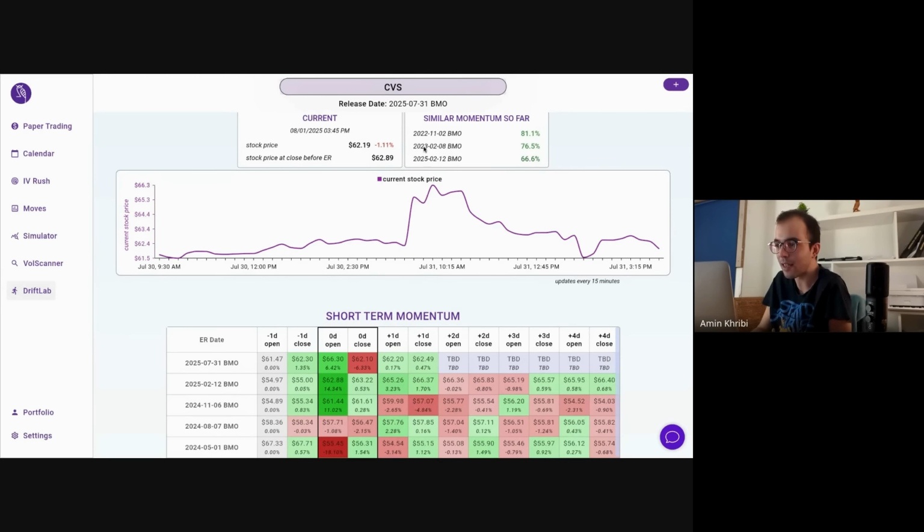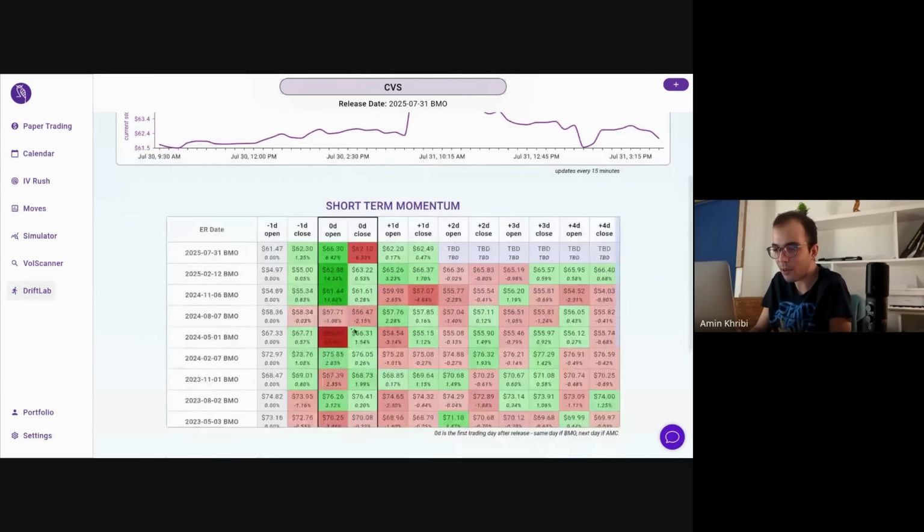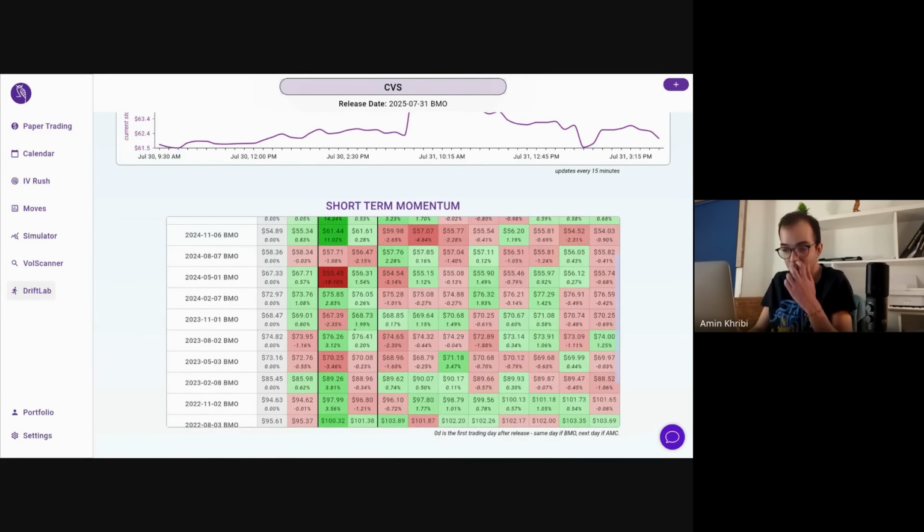Here we see that the most similar stock reaction after earnings to the current one is the one on November 2nd of 2022. Let's scroll down in that table and investigate more into that release. We see right away why the similarity was found to be quite high. It started even with the first trading day, where there was also this zigzag: the stock went up and then went down.